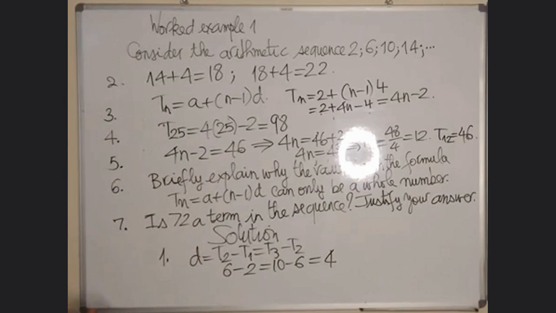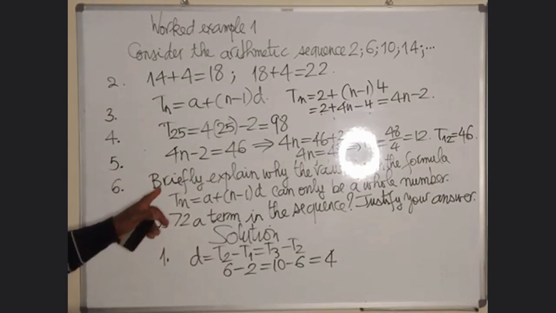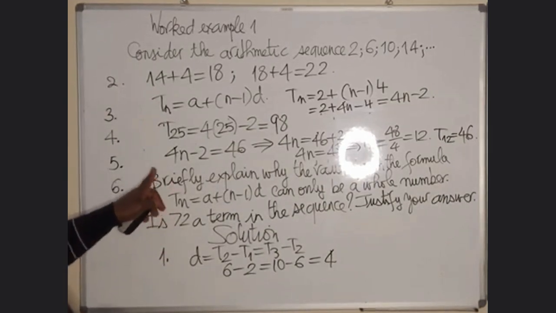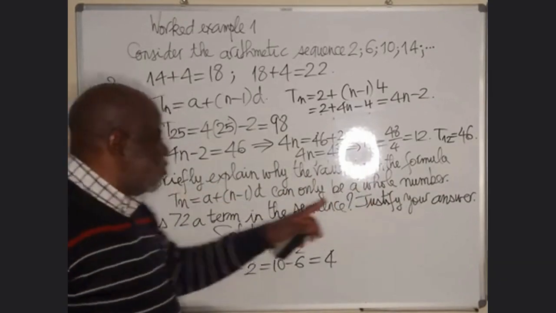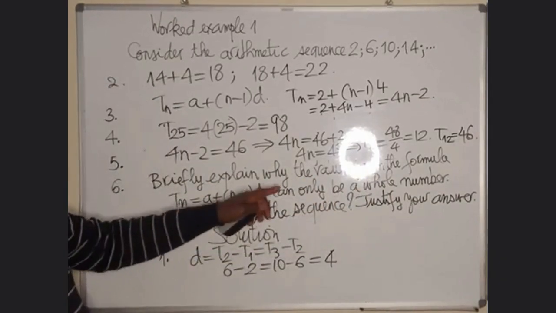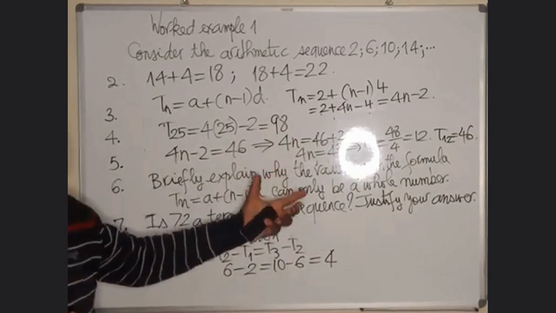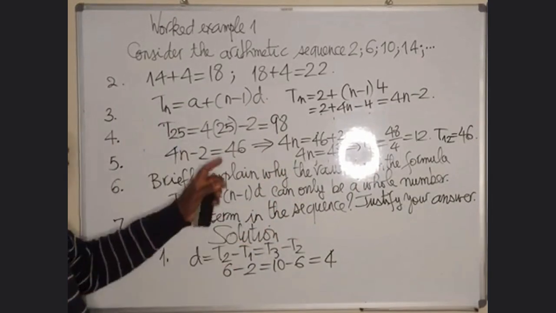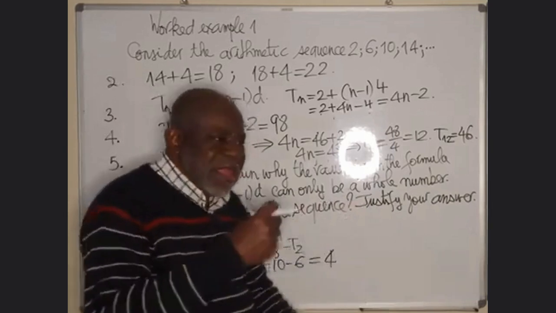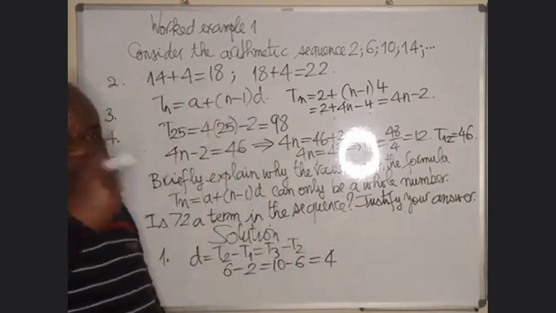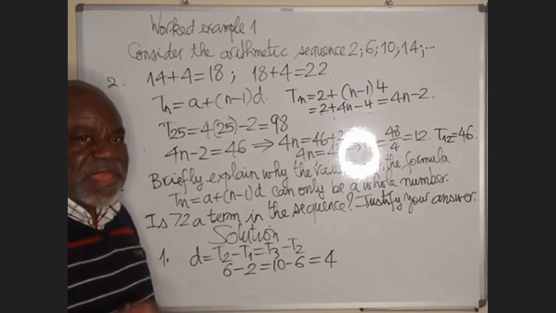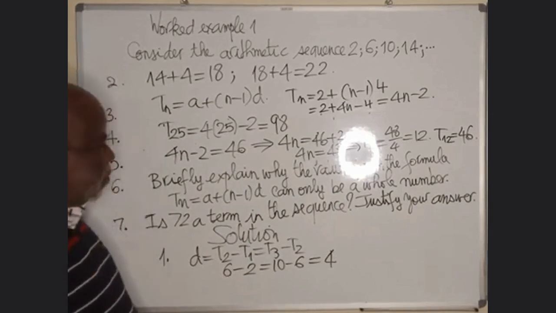This is the reason n can only be a whole number: it can't be equal to 0, not a negative number, nor a fraction.